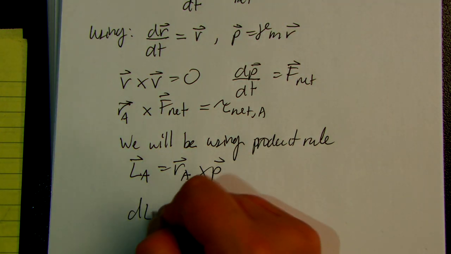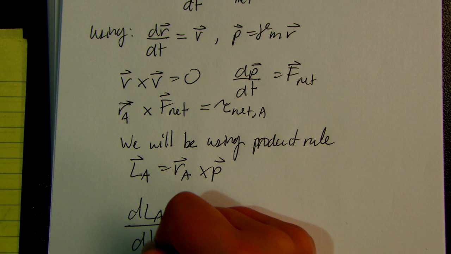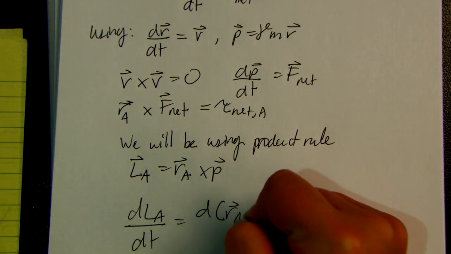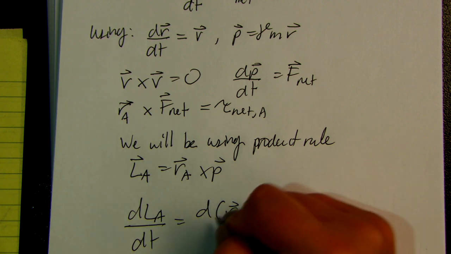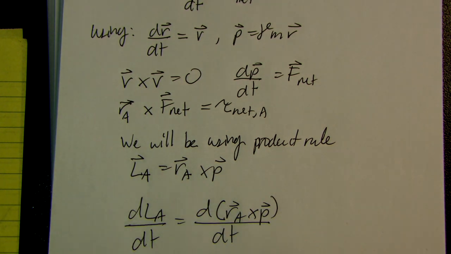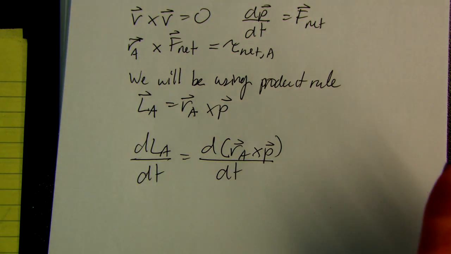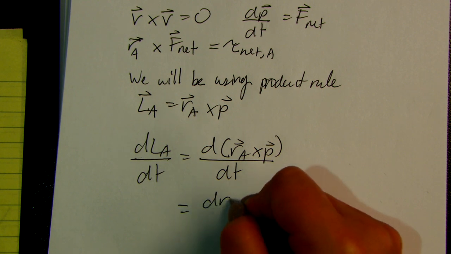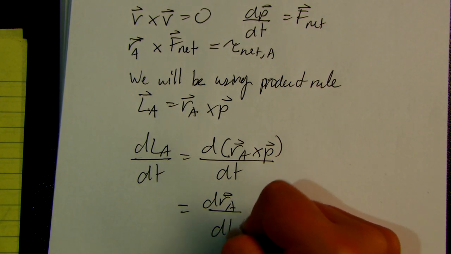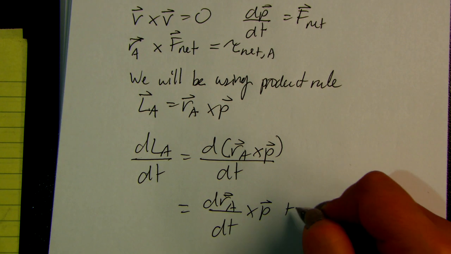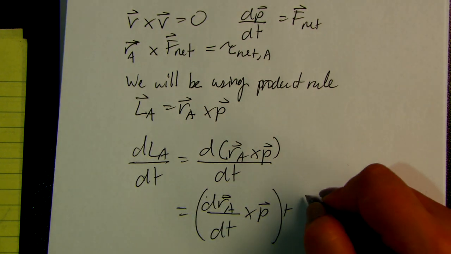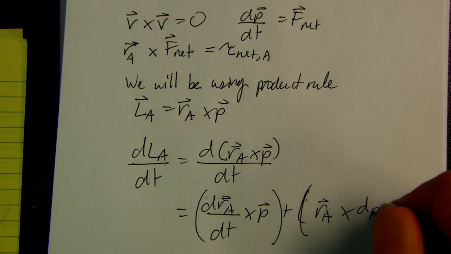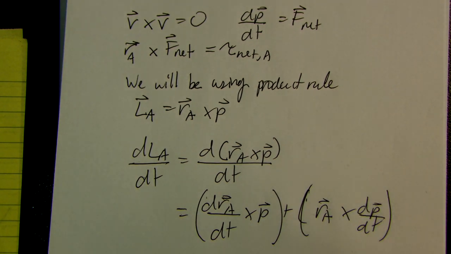So dL_A/dt is equal to d(R_A cross P)/dt also. So basically all we've done is take the time-based derivative on both sides, perfectly legal to do. This is equal to dR_A/dt cross P plus, using product rule, R_A cross dP/dt.